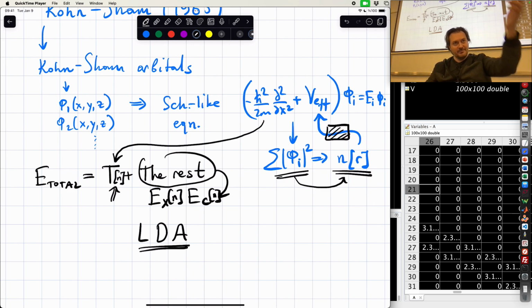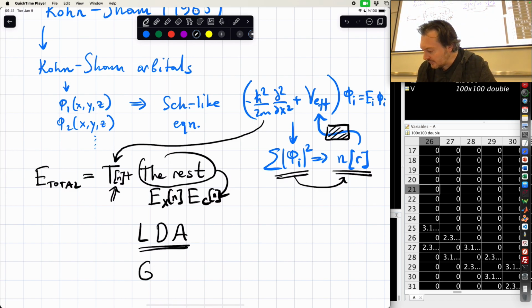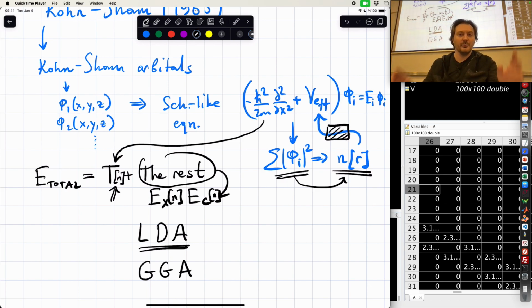Then you improve it. You now include not only the density itself as a parameter, but also the derivative of the density, how it changes in space, then you get generalized gradient approximation. Let me just show you one person.